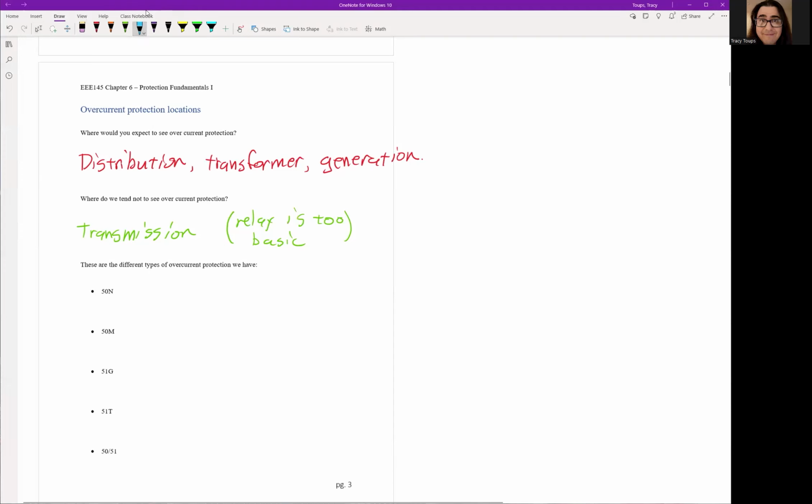Now remember, for the ANSI charts, not only is it 50-51, but there are also letters attached to it, so you can get an idea what location this overcurrent really is. So 50N would be a neutral instantaneous overcurrent relay. Okay.